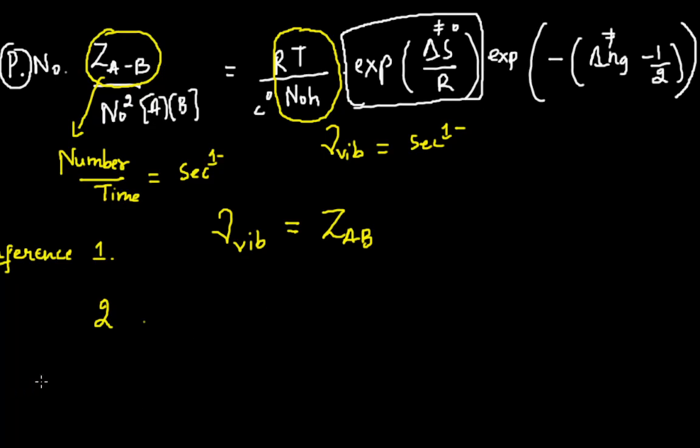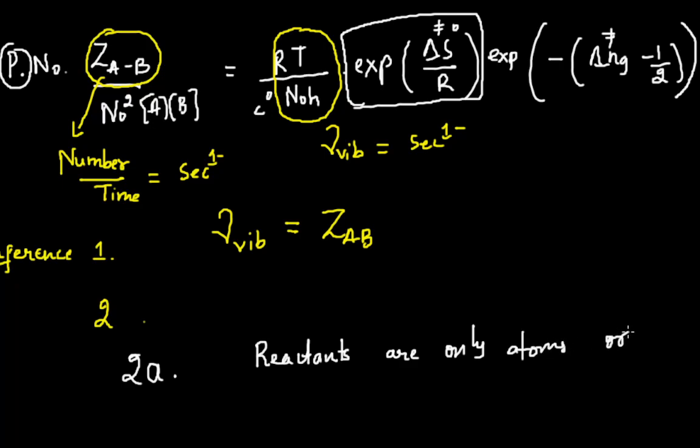Now inference 2a: less number of rearrangements if reactants are only atoms or simple molecules. So here in the second inference, P can be expressed in terms of the entropy of activation.